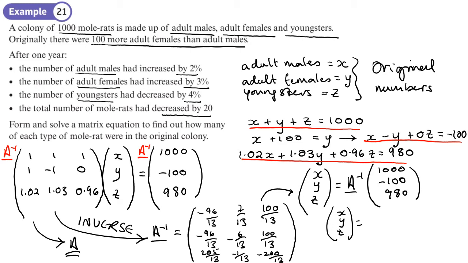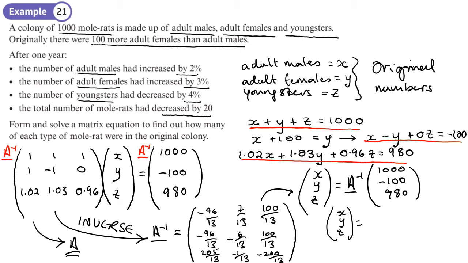So I just type in 1000, negative 100, 980. Okay, press Option, number 3 for matrix calculation. Press Option again.